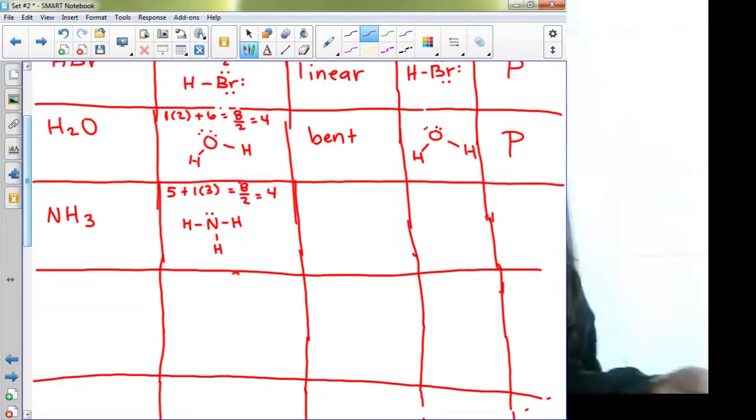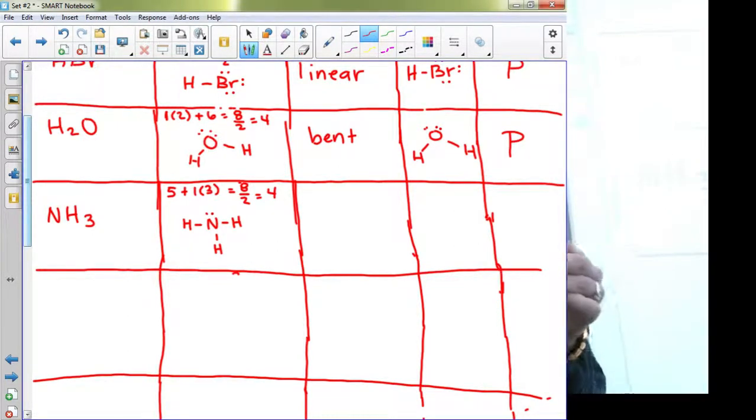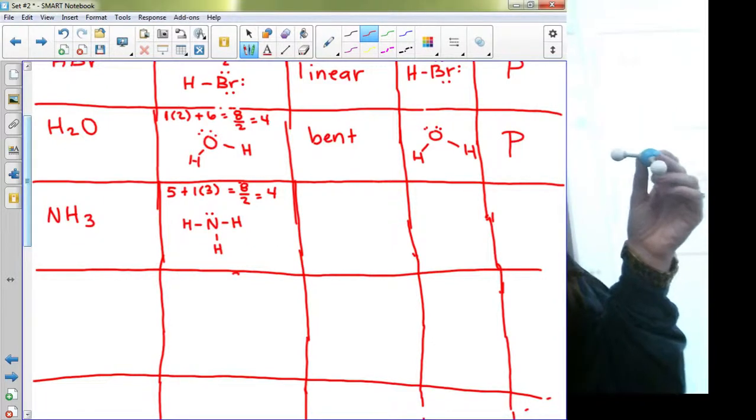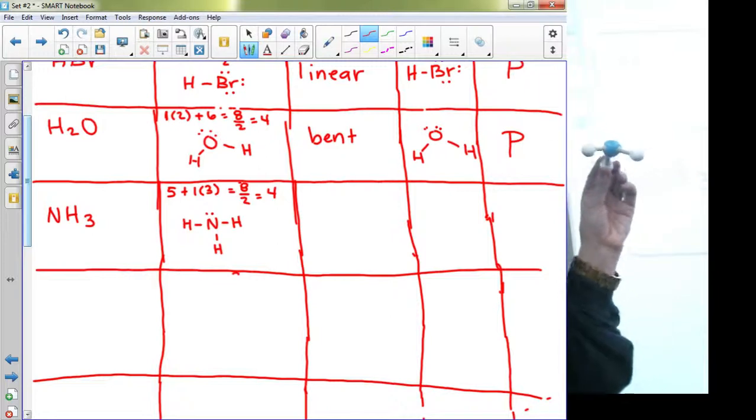So then we get nitrogen out. And we say, okay, it's got 3 things bonded to it.